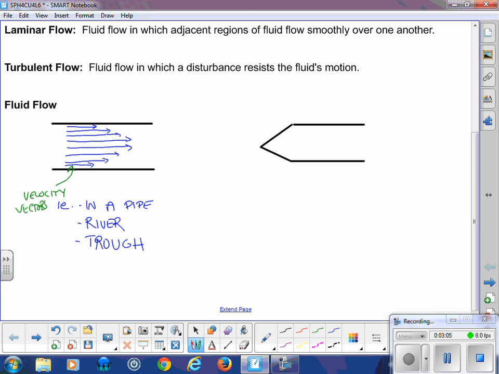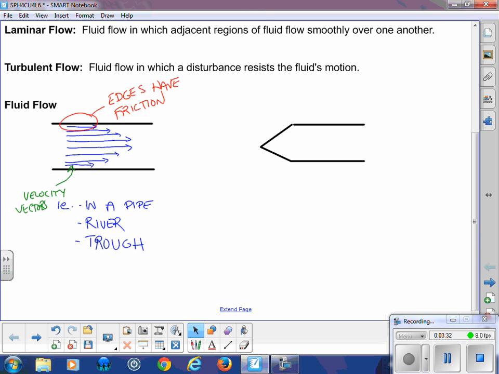Anyone that's paddled a canoe on a river will know that the fastest moving water is in the center of the river, and that's why. Same thing inside a pipe. For plumbers and so on, your highest fluid flow is through the center of that pipe. Again, the edges have friction, so they're opposing the motion of that water.